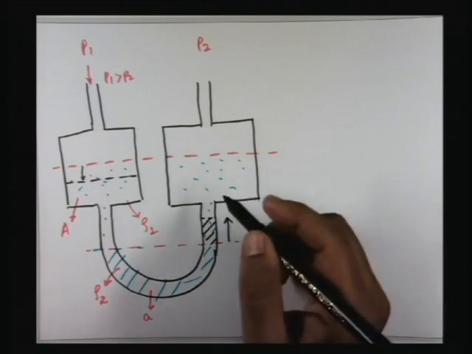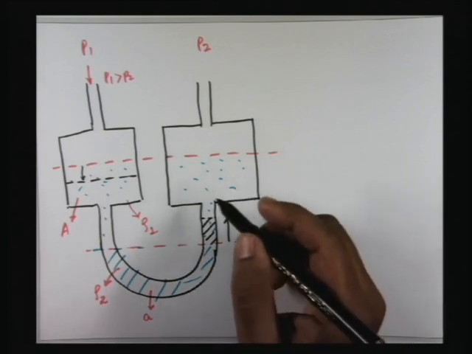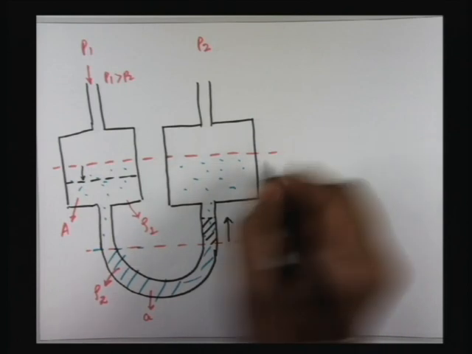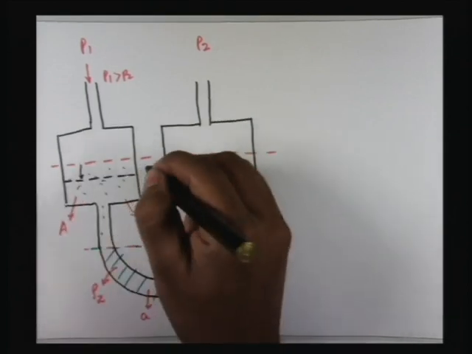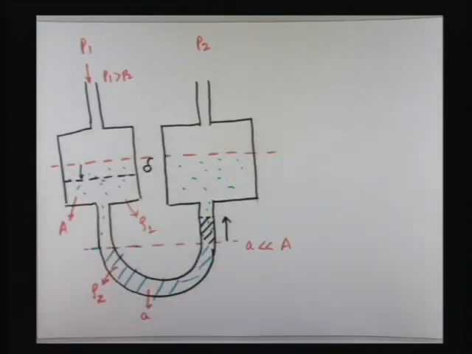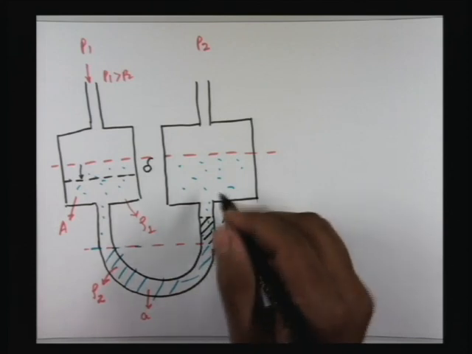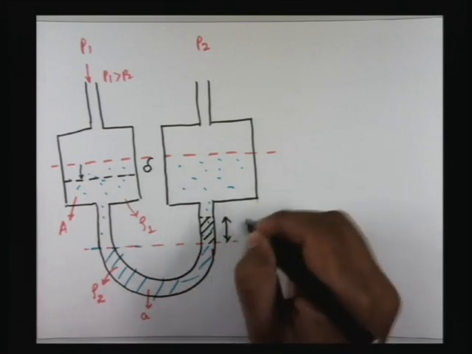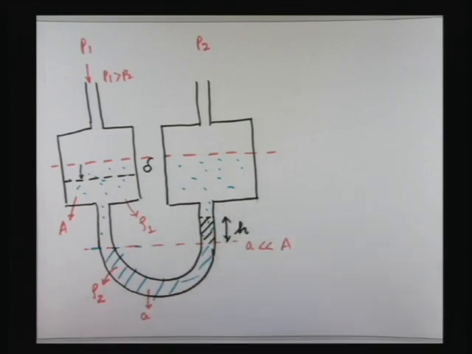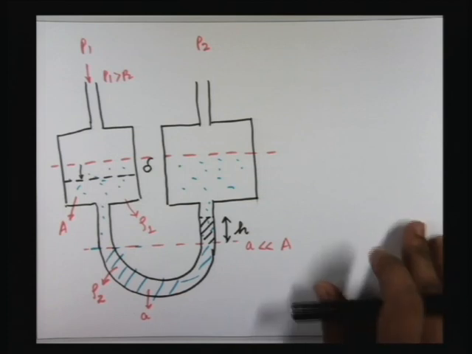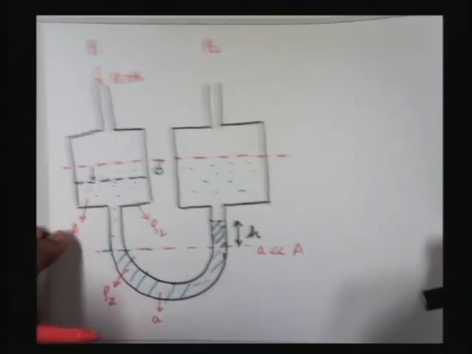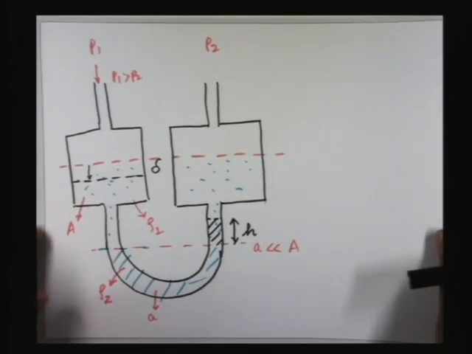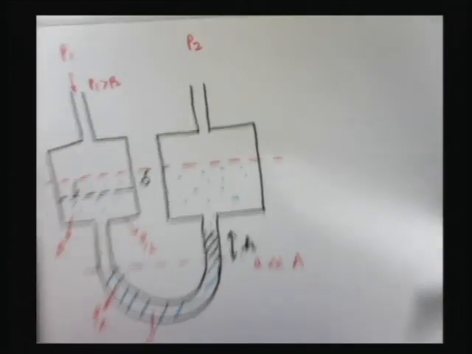So it is given that this decrease in the level is delta and this increase in the height is h. We are supposed to find out an expression for P1 minus P2 when this happens. So when P1 is greater than P2, we will quickly draw the equilibrium diagram when it goes into equilibrium.